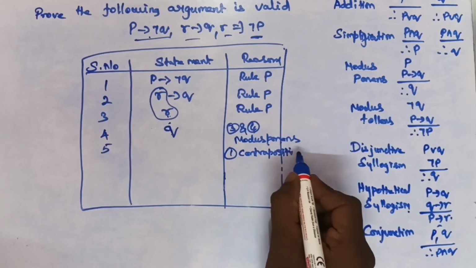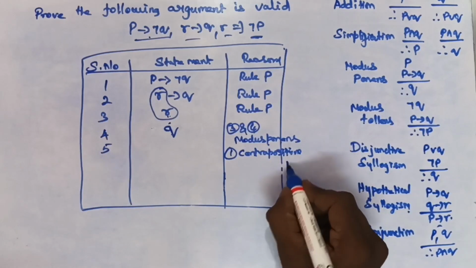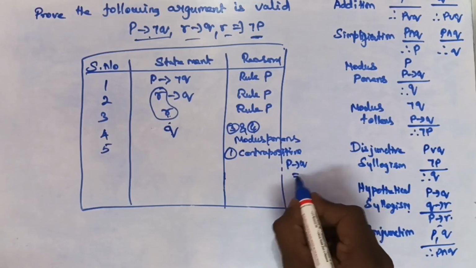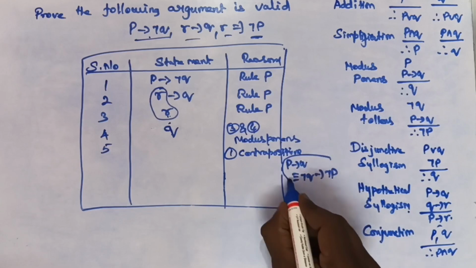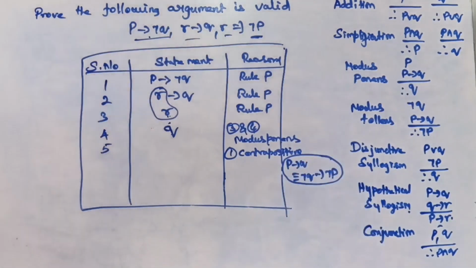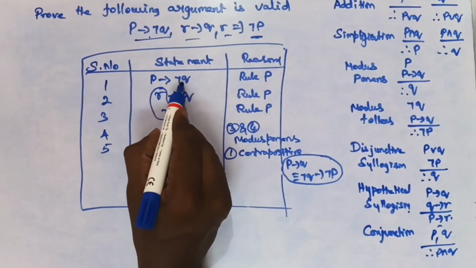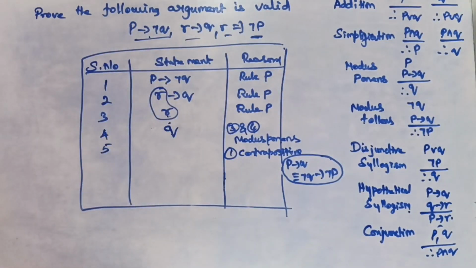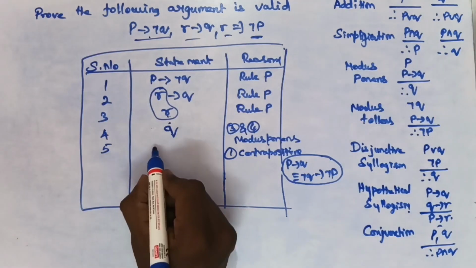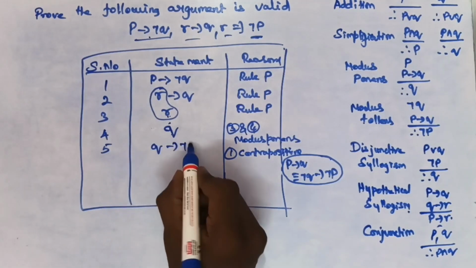What is contrapositive? P condition Q is equivalent to not Q condition not P. So P condition not Q becomes Q condition not P.